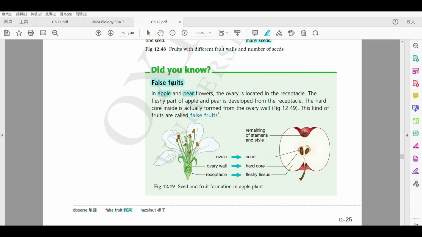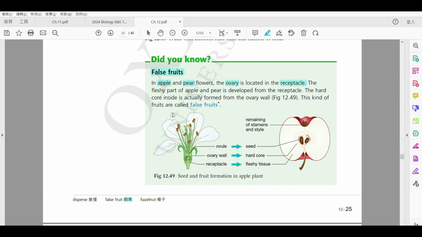OK, the two examples are apple and pear. So what is happening? The ovary is inside the receptacle. What happens is that the fleshy parts we eat, the apple or pear, which are very fleshy and juicy, actually develop from the receptacle, but not from the ovary.